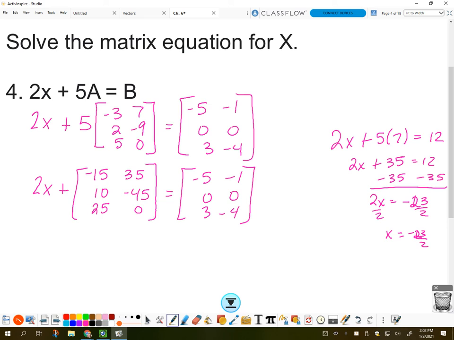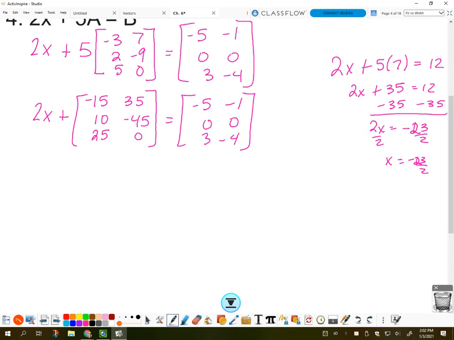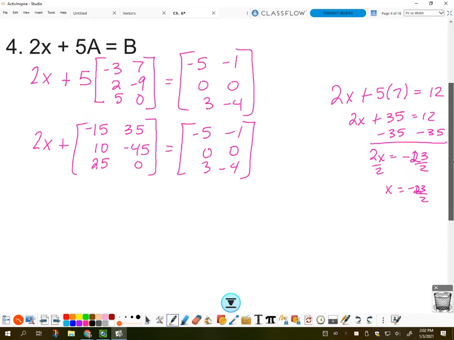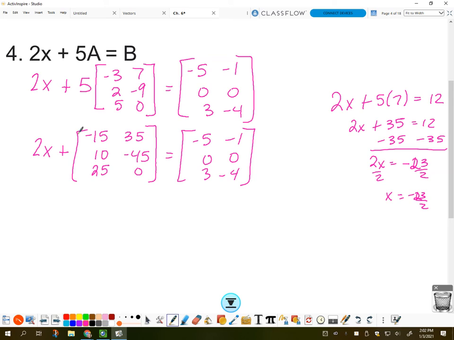All right, so I don't want to write things over and over and over again when I don't need to, so make sure you're listening. I'm going to subtract this on both sides. Okay, so I'm going to subtract this one over here. So exact same matrix.